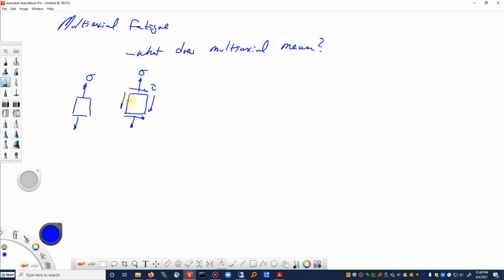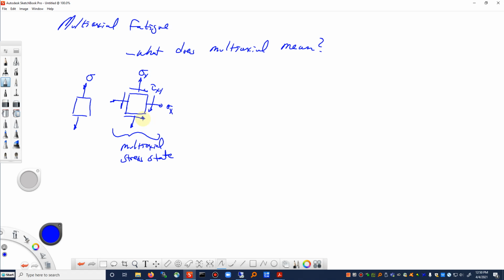So you may have two normal stresses and a shearing stress: sigma x, sigma y, and tau xy. Now, if you've been through mechanics of materials, you know how different values of these stresses can alter the principal stress directions.